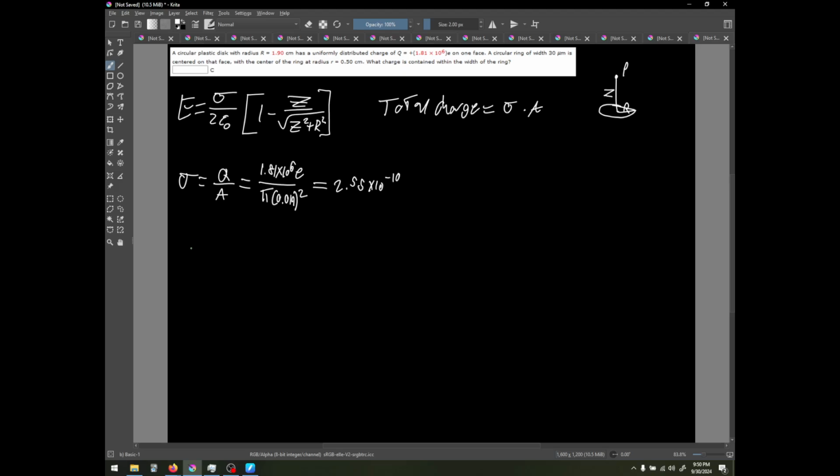So now we know that also A equals pi times big R times little r, so big radius, little radius.